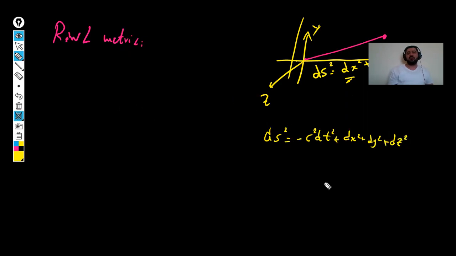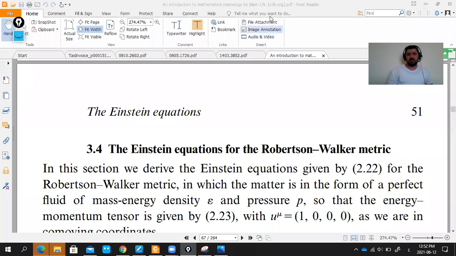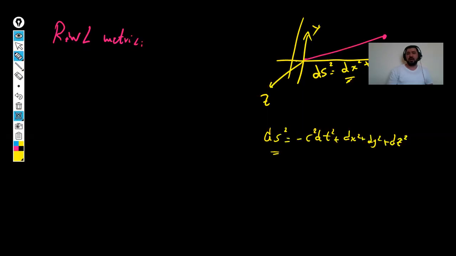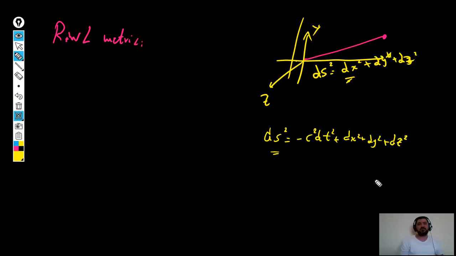Now let's see what about the universe. We want to find the metric for the universe, on large scales, not on small scales. So on large scales, how can we do this? The description of the universe depends on something we call the cosmological principle. The cosmological principle states that the universe on the largest scale is homogeneous and isotropic.